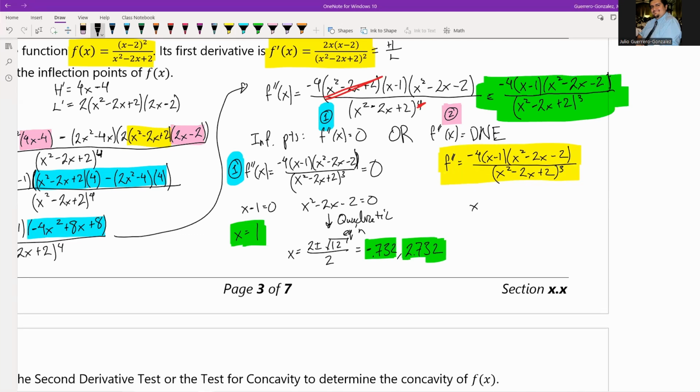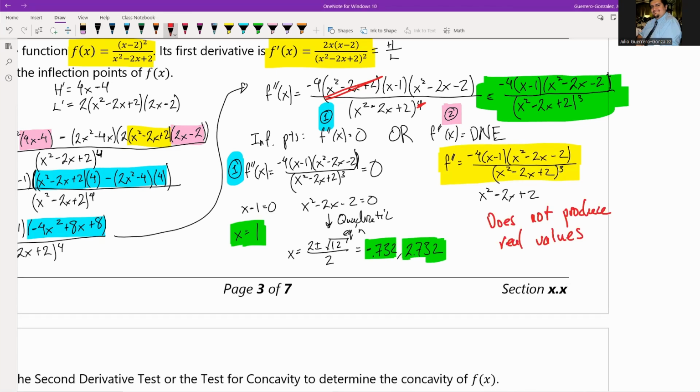So this thing, if you guys remember when we did first derivative, right? x squared minus 2x plus 2 does not produce real values.